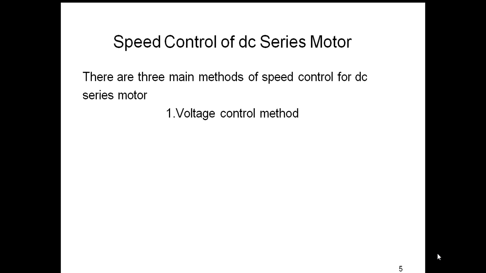By changing the voltage, the speed can be varied because EB is directly proportional to speed N. And the second method is the armature control method.